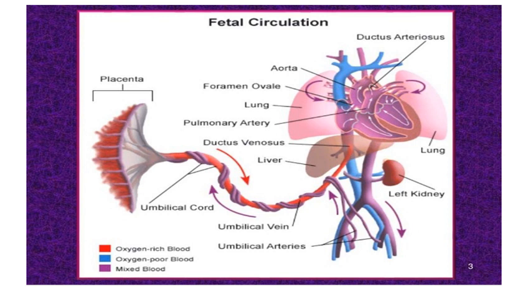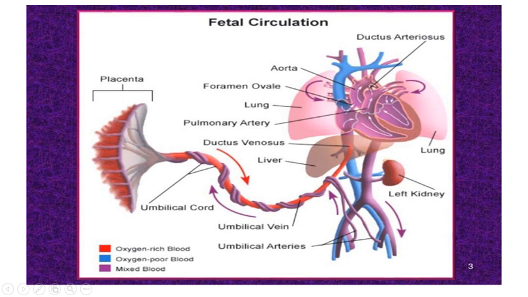So this is normal fetal circulation. The umbilical vein supplies the oxygenated blood. There is a patent foramen ovale. The foramen ovale is an opening between the right and left atrium.